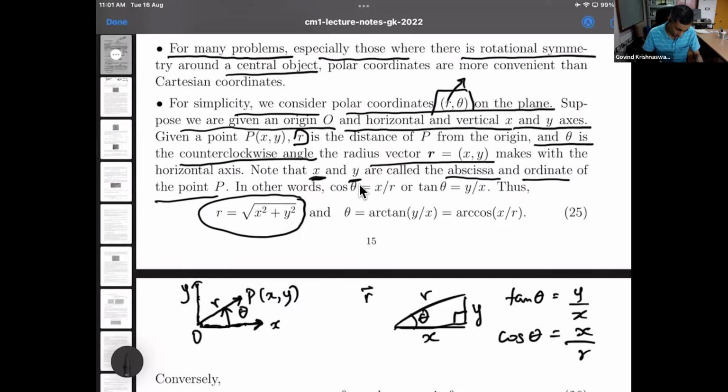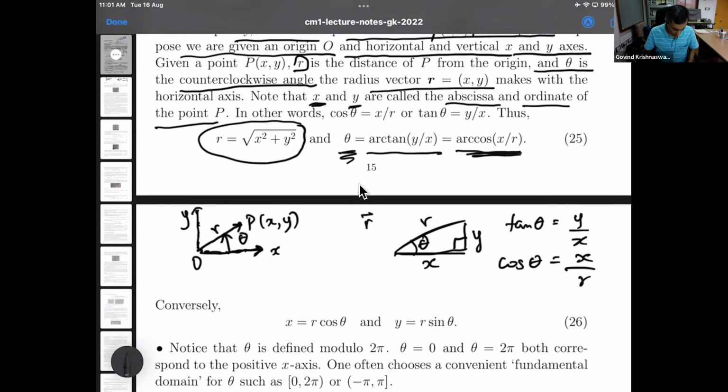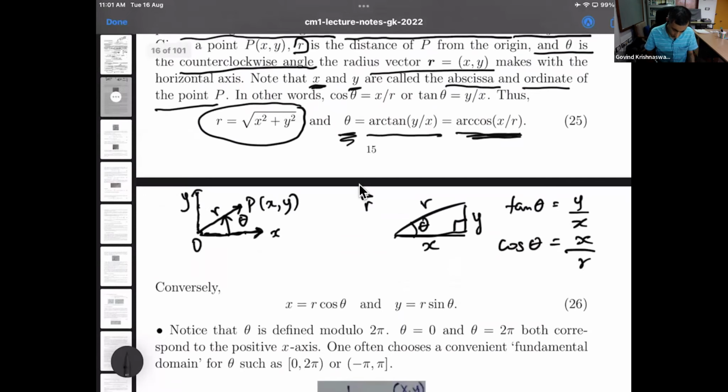So we could say that the angle theta is the arc cosine of x upon r, or also the arctangent of y upon x. This is just the setup of the coordinates. Of course, x is r cosine theta and y is r sine theta. So all this I hope is understandable. Any question about the setup?